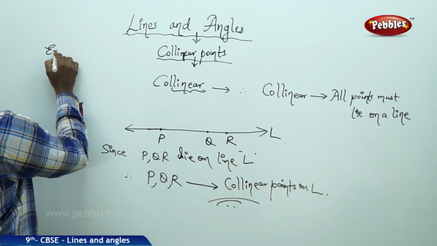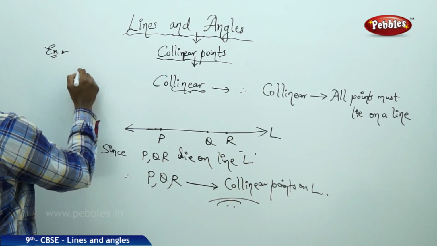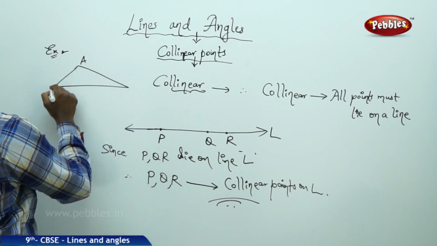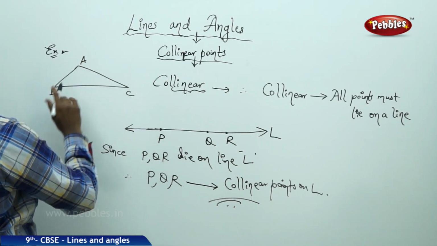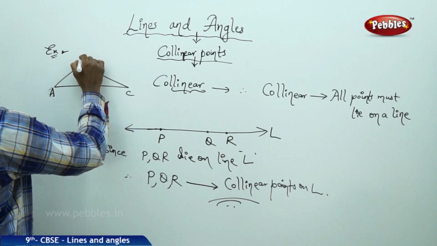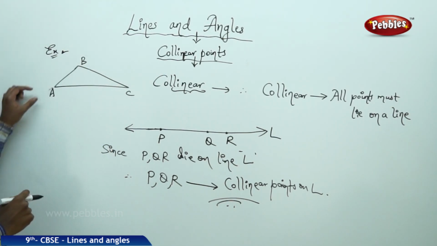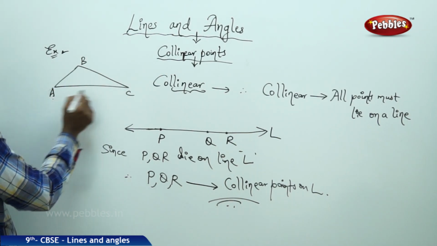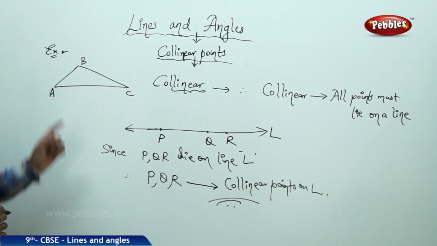For example, I have a triangle ABC. I clearly see that if I take this line L, A and C lie on L, but B does not lie.